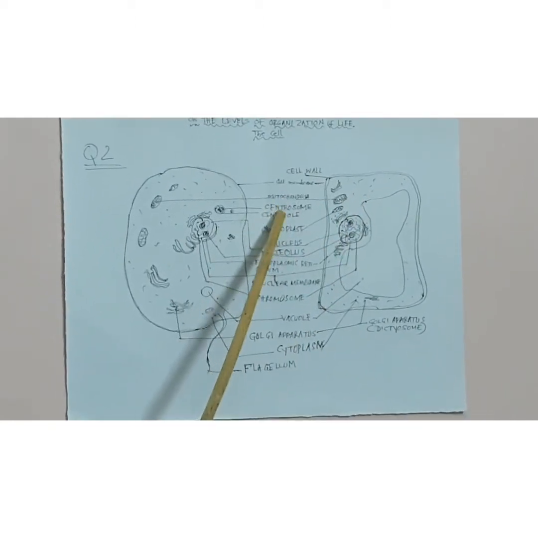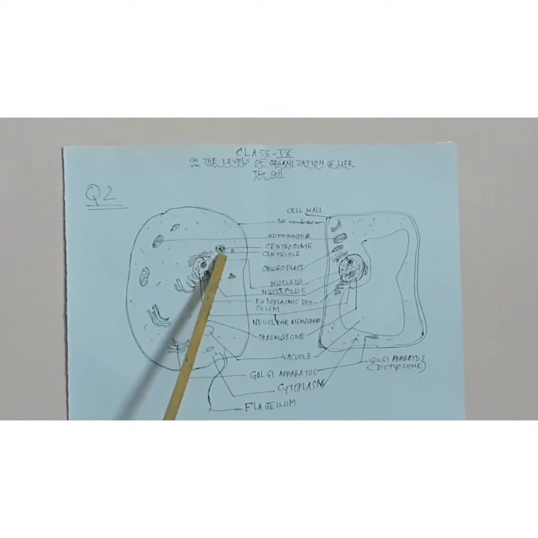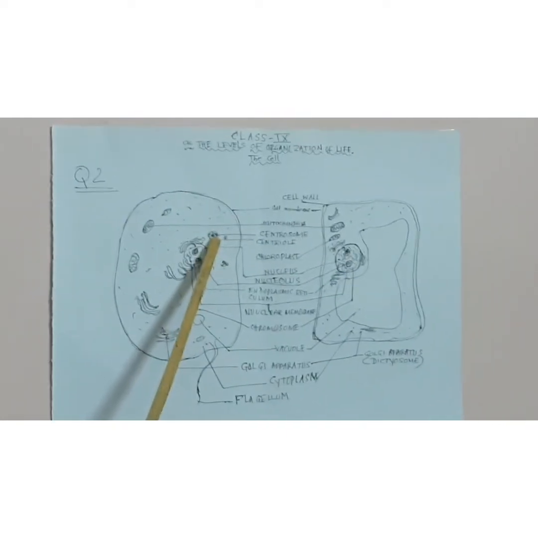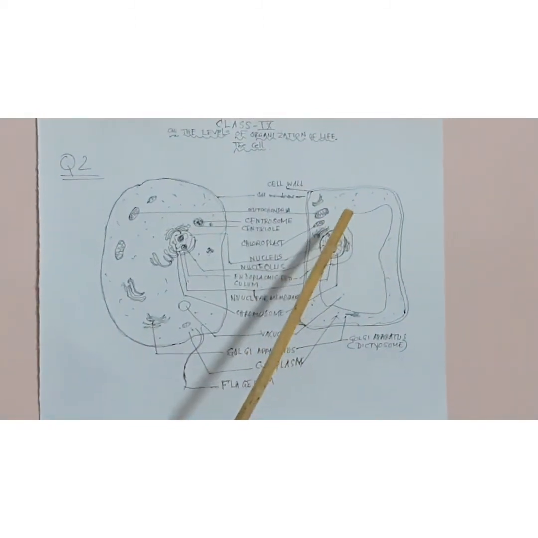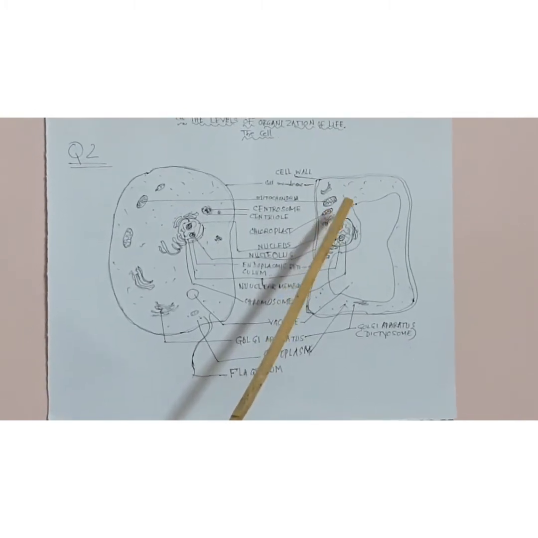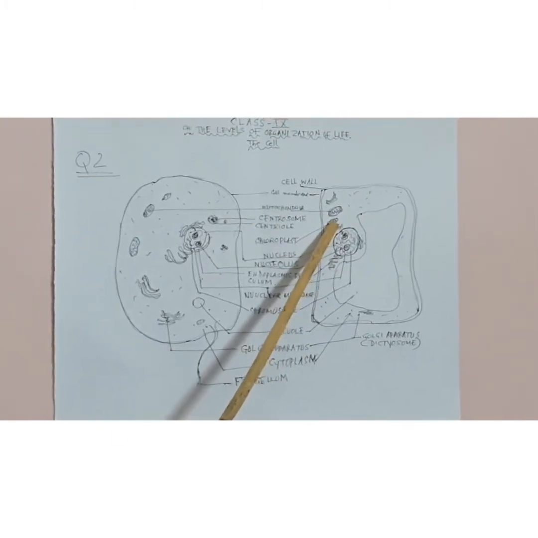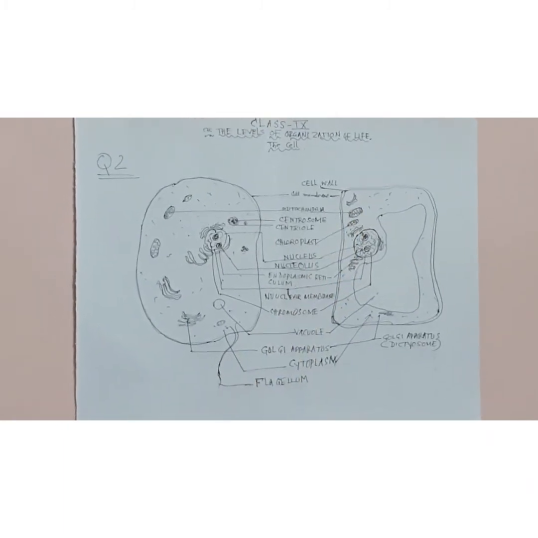In the centrosome there are two dot-like structures present over here, which are known as centrioles. They work during the cell division. On the other hand, in the plant cell, you see that chloroplast is there. That means it contains chlorophylls, and the plastids are the characteristics of the plant cell.